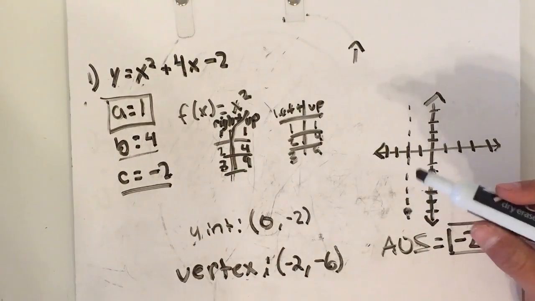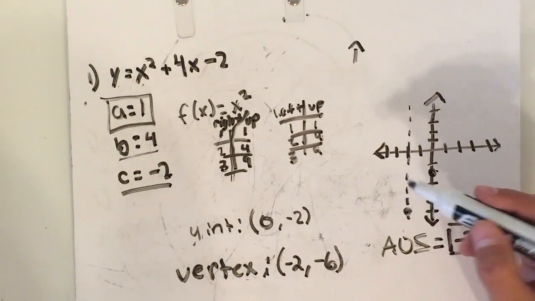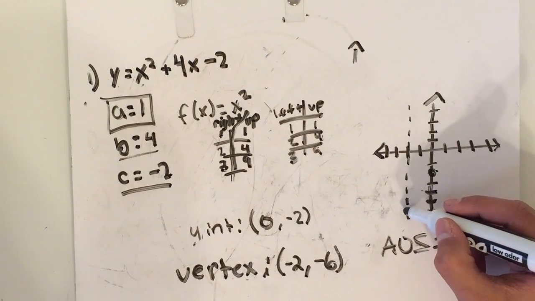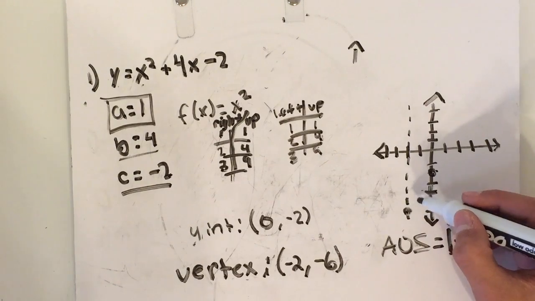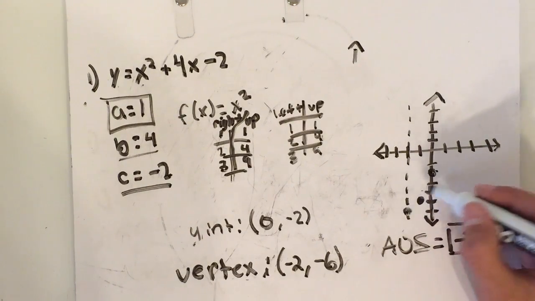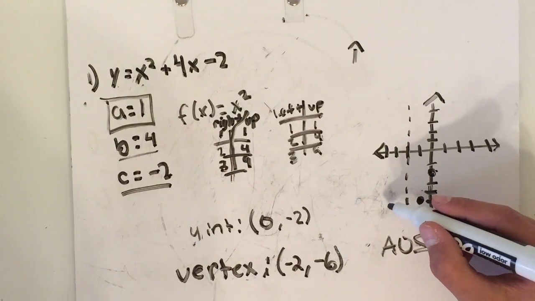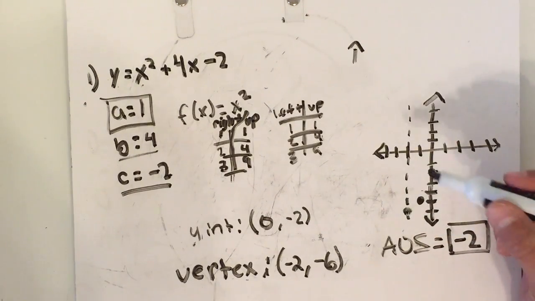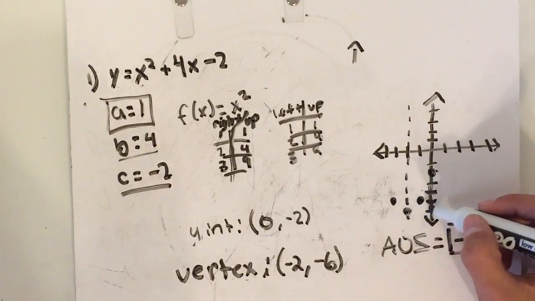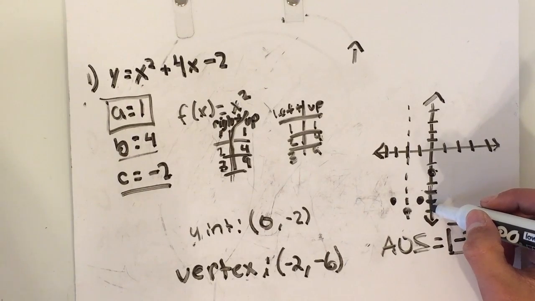So all we need to do is plot those. Looking at the graph again, we're going to go right 1, up 1. So this is our first point. Another easy trick you can use is to reflect it over the AOS if you've drawn the AOS out. And then the second time we go right 2 and then up 4.